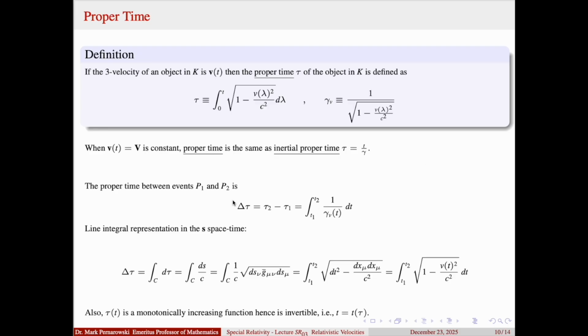And so if I have different events in space-time with different times, say two events in four-dimensional space, P1 and P2, with their time coordinates and their space coordinates, I can compute the proper time difference between the events, and that's simply this integral.